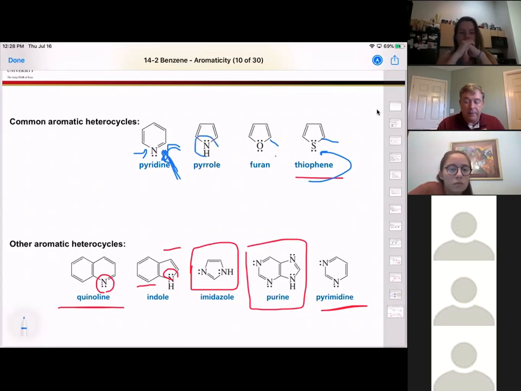Here, we don't have a double bond to nitrogen, so if this was sp2 hybridized, one of the bonds is sp2 hybridized, the other bond is sp2 hybridized, one of the lone pairs is sp2 hybridized, leaving the last lone pair in a p orbital.